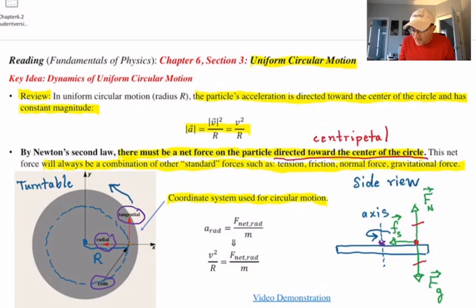Let me add my axes. I'm going to draw them a little bit over to the side just so I don't get a cluttered picture. The radial direction points towards the center of the circle. As far as the coin is concerned, in this drawing, the center is to the left. That's why I drew the radial arrow to the left. The tangential direction is tangent to the circle. That would be, in this case, into the screen. So I'm not even going to try to draw it.